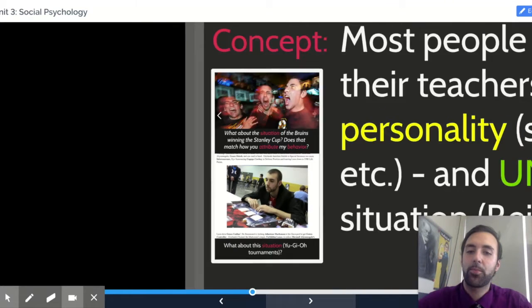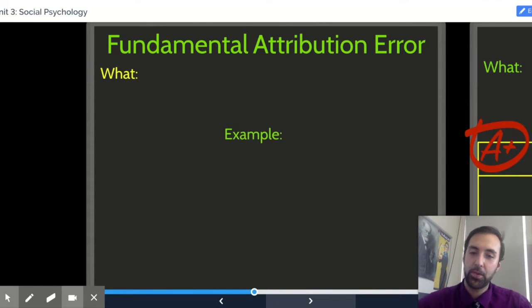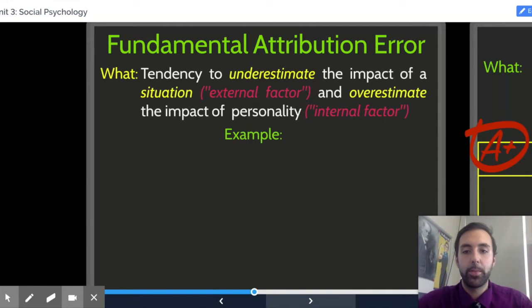And the reason I'm showing you these pictures of myself is that the first concept, called fundamental attribution error, very much relates to those 2 images. When we look at another person, whether it's a teacher, a family member, a coworker, or just a stranger, we have the tendency to underestimate how much the situation that they are in is influencing their behavior, what we call external factors, and overestimate the impact of their personality.